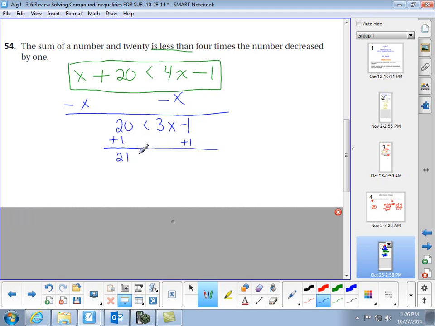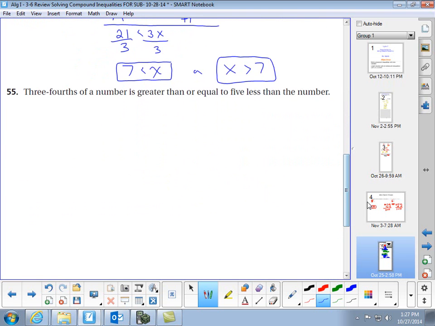I get 21 is greater than 3x. Divide by 3. And 7 is less than x. Now you might have x is greater than 7. That's the same thing. So you can have 7 is less than x, or you might have it written x is greater than 7. Now this is not a compound inequality. I'm just writing the answer two different ways.